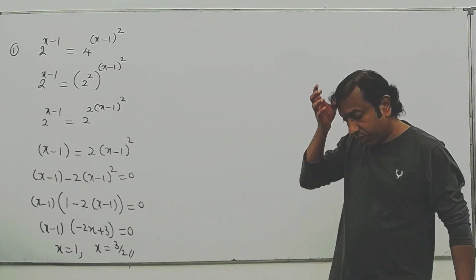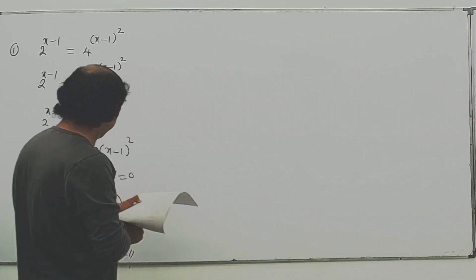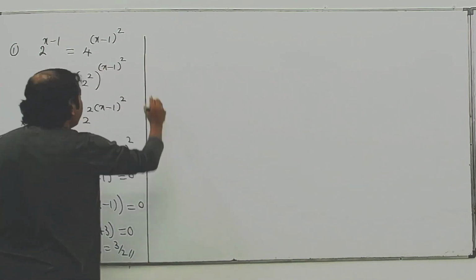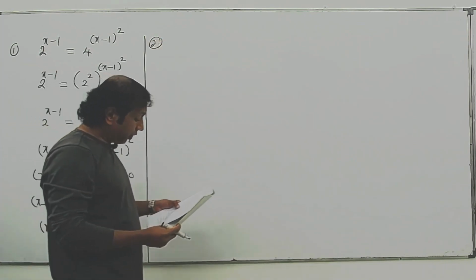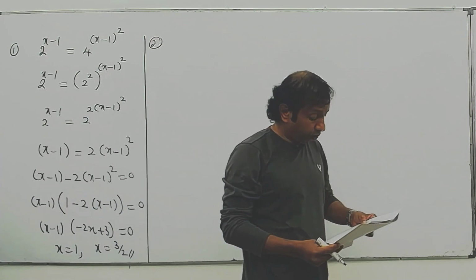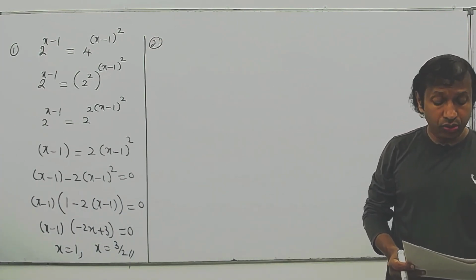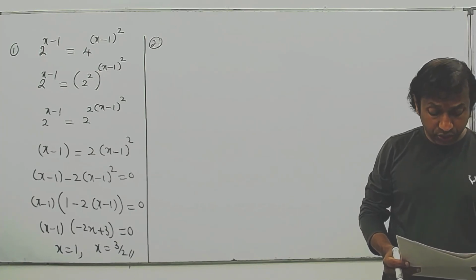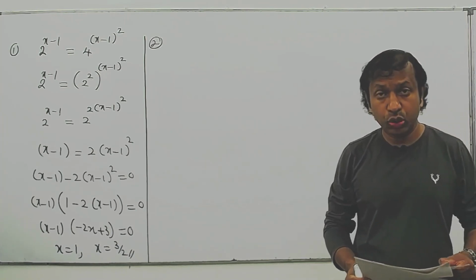Right. Number 2, people. We'll take number 2. Given that the ratio of the sides of a triangle is 1 is to root 3 is to 2, find that the ratio of the angles of the same triangle is 1 is to 2 is to 3.